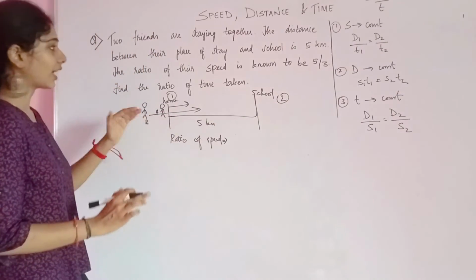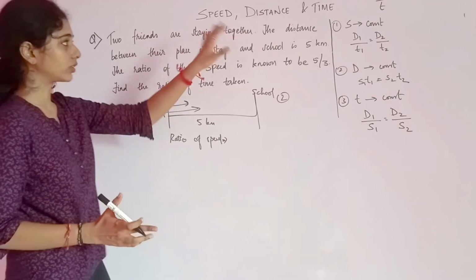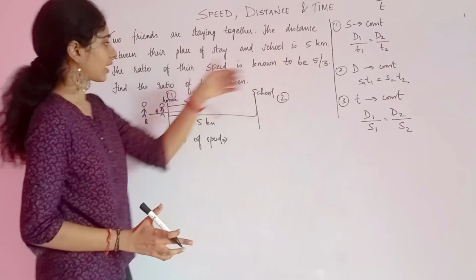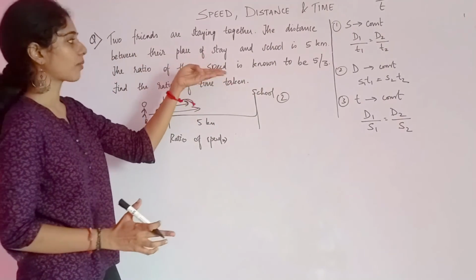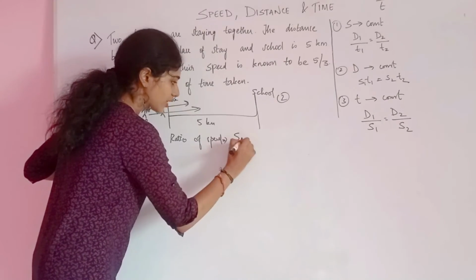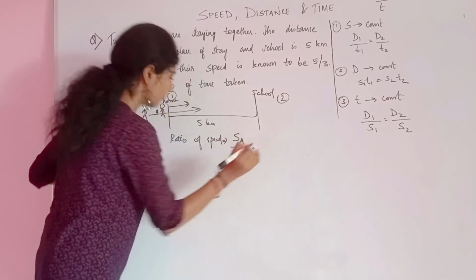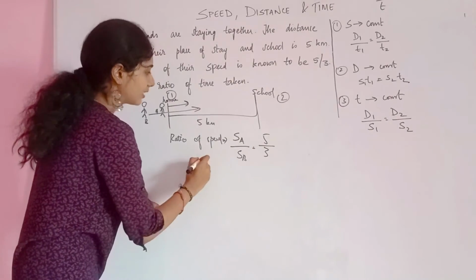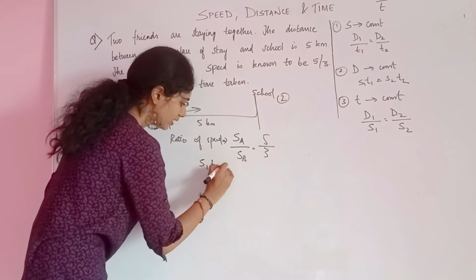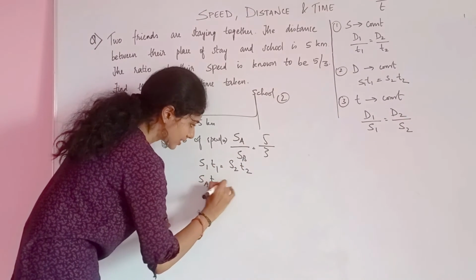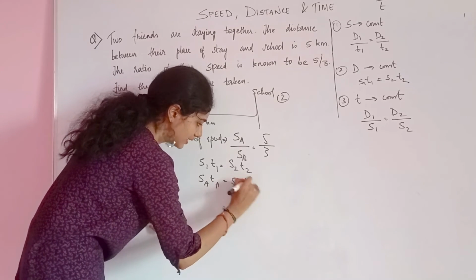But here, it's not given when they are going to start. The only information that's given to you is that the distance is 5 km. And you also have some information about the speed. The speed is said to be 5 by 3. So basically, the ratio of the speed of A divided by speed of B is given as 5 by 3. If distance is constant, then what do you know? S1 T1 is equal to S2 T2. So in this case, SA TA is equal to SB TB.